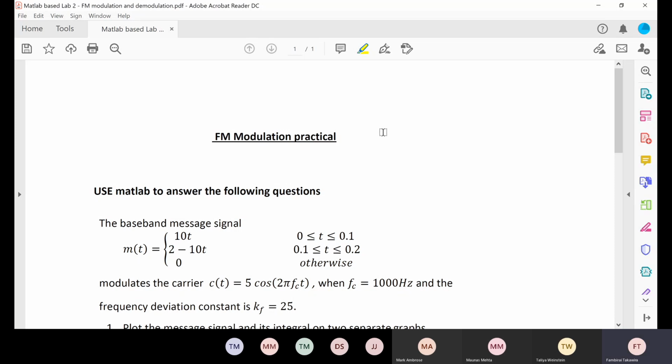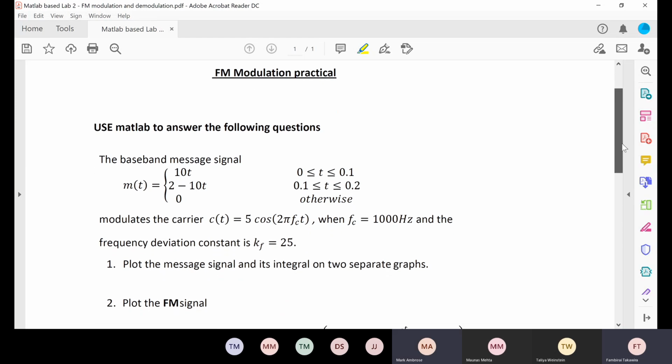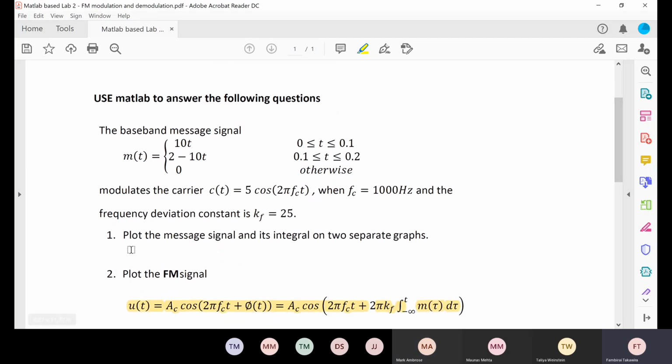Okay, can you still see my screen? Yes. Right, let's take, for instance, the first part. Plot the message signal and its integral on two separate graphs. Essentially what I'm expecting is for you to answer the questions directly. So you plot the signal.